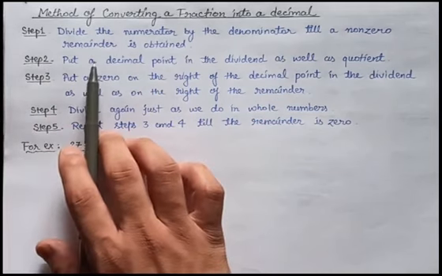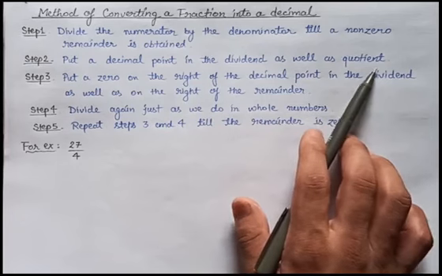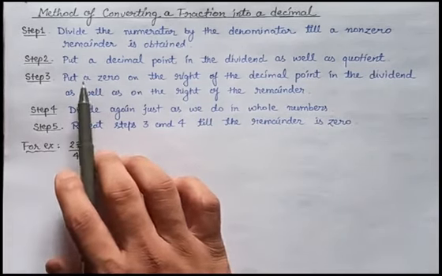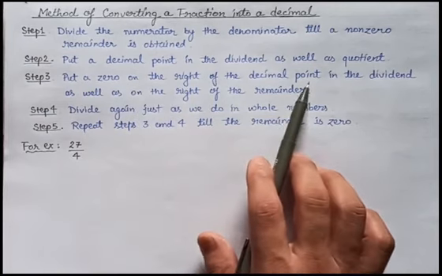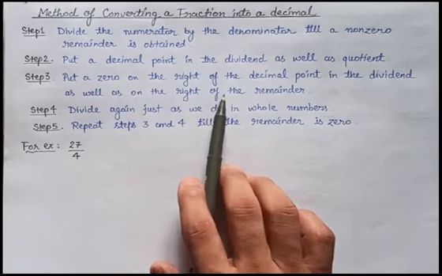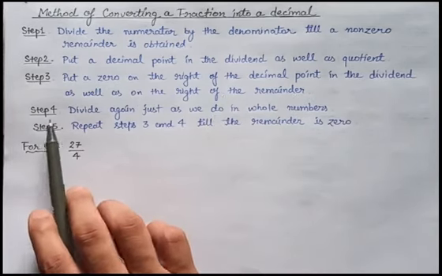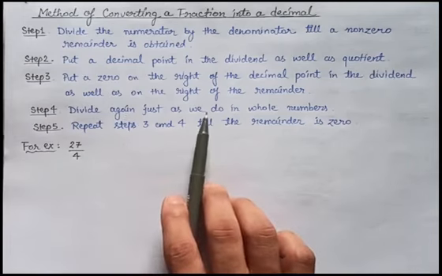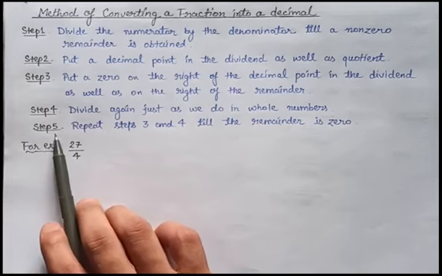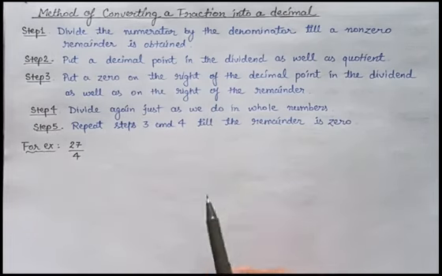Step 2, put a decimal point in the dividend as well as the quotient. Step 3, put a 0 on the right of the decimal point in the dividend as well as on the right of the remainder. Step 4, divide again just as we do in whole numbers. And step 5 is repeat steps 3 and 4 till the remainder is 0.